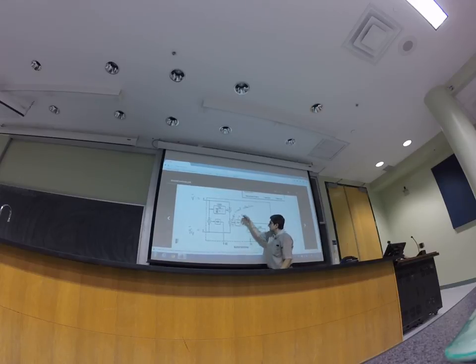The box labeled proportional gain is the terminology for Kc, the controller gain.